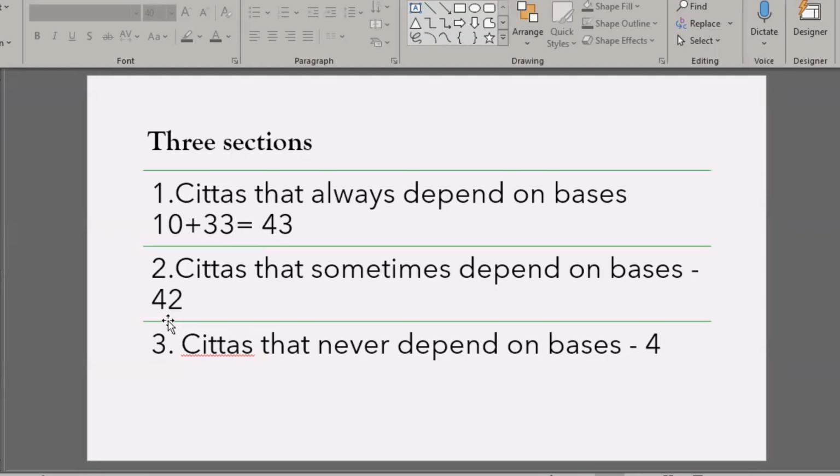Therefore, please try to digest these chittas regarding the bases. This teaching is very important when you are going to study chitta viti, or thought process.